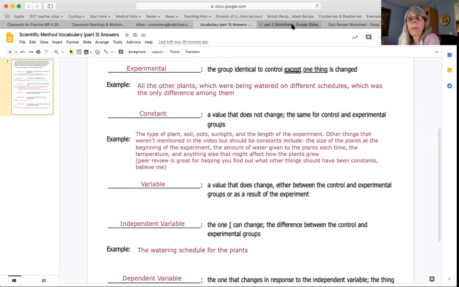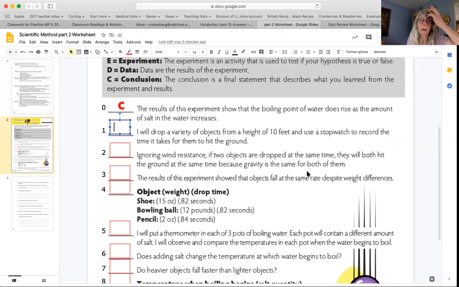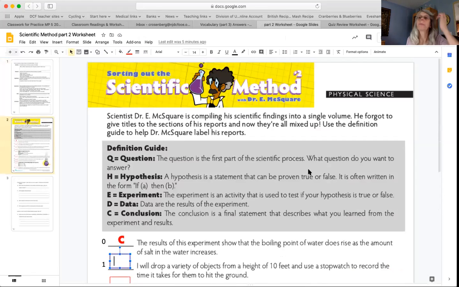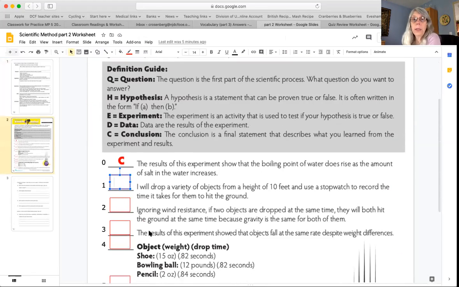That's what we're going to worry about in these 2 experiments. On the quiz tomorrow, you're going to get a sheet that looks like this one. But it's not the same 2 experiments. The things are not in the same order, but we will still be looking for these same 5 parts of the scientific method. The question, what we want to find out.